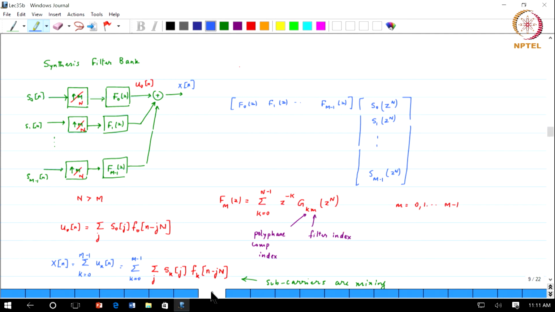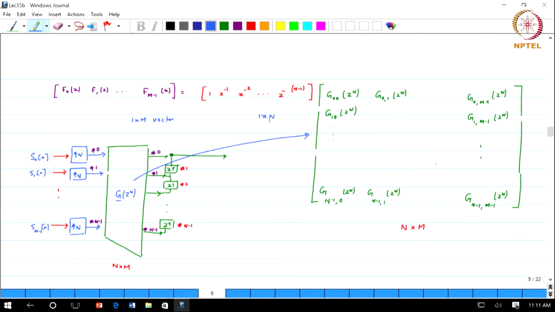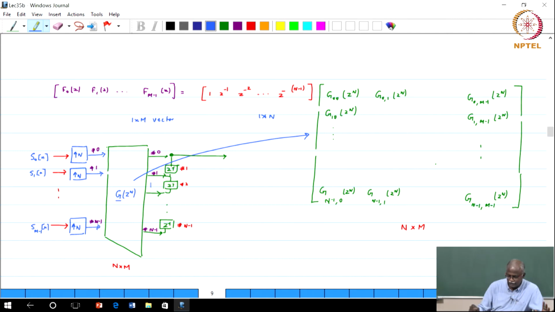Once we did the polyphase decomposition, we showed that the synthesis filter bank can then be represented in this form, where G of z is a rectangular matrix. You are splitting each filter into n polyphase components, and there are m of them.